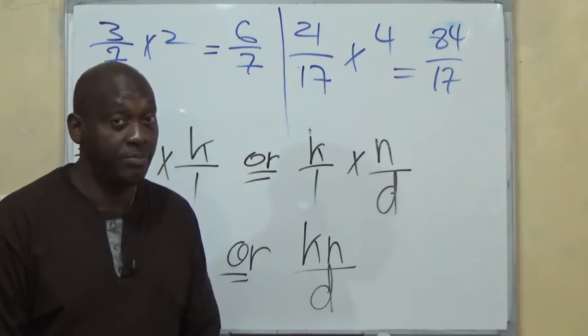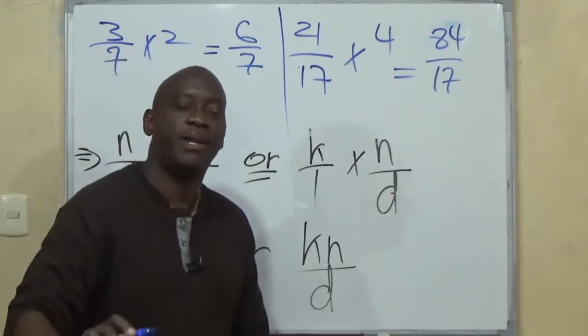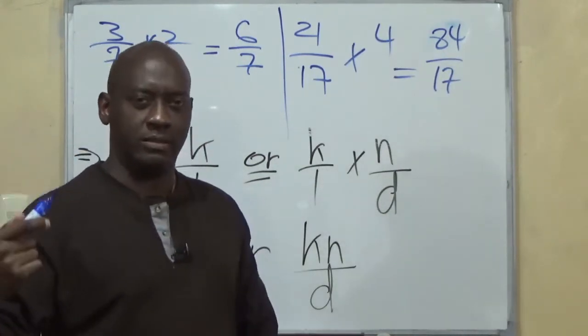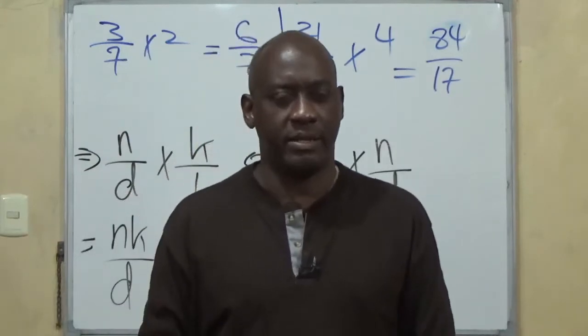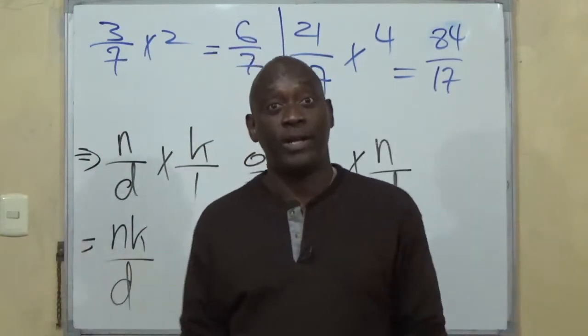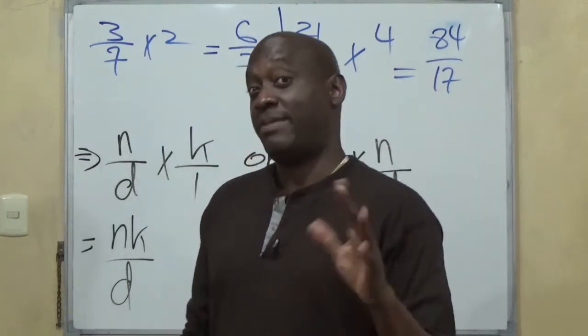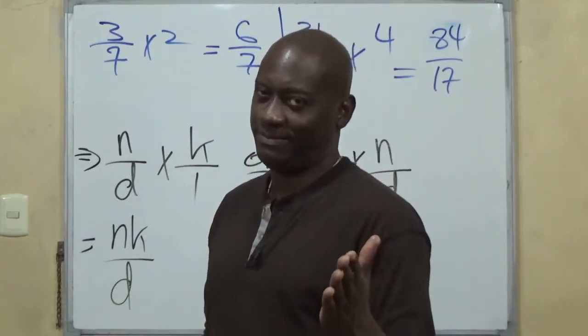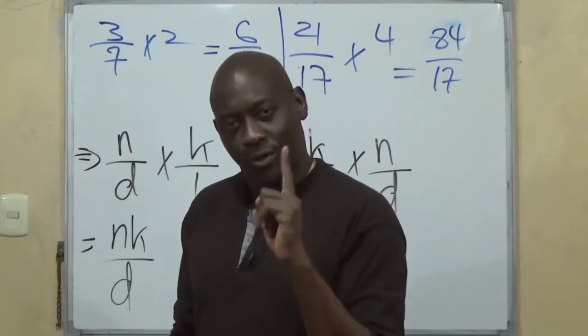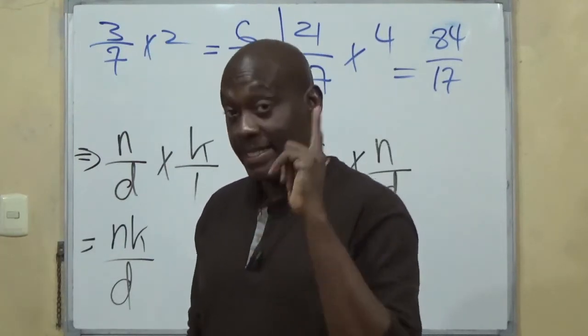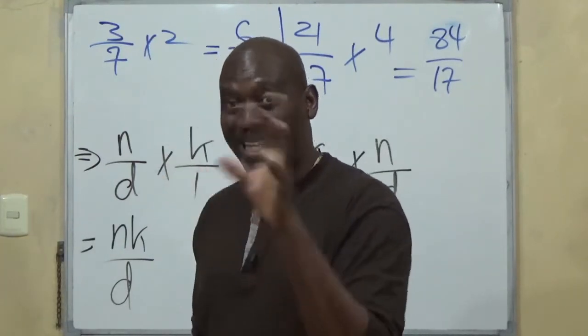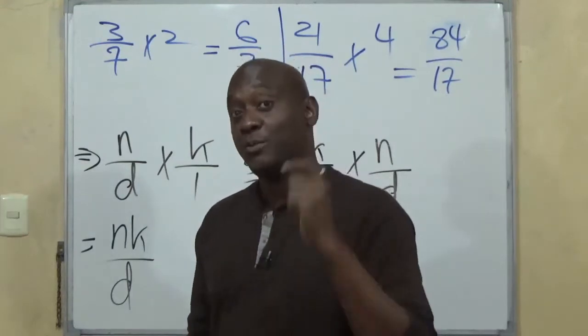So again, to repeat, if you're multiplying a fraction by a constant, by an integer, by a whole number, or even by a decimal, all you have to do is multiply that entity by the numerator alone.